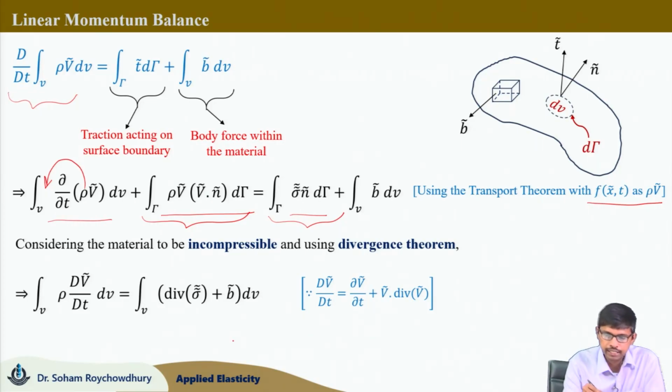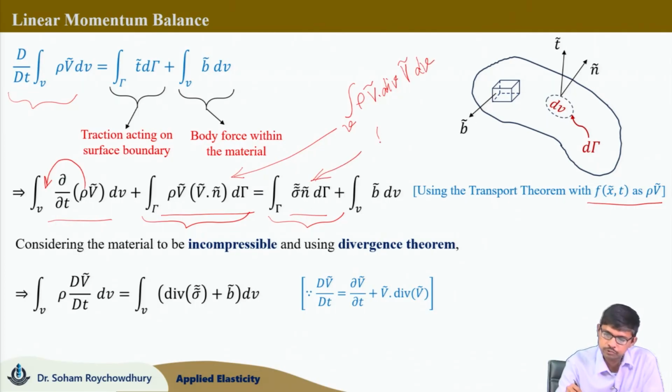If you use the divergence theorem for this particular term, this would be the volume integral of rho v times divergence of v dV, whereas this particular term would be the integral of divergence of sigma dV.